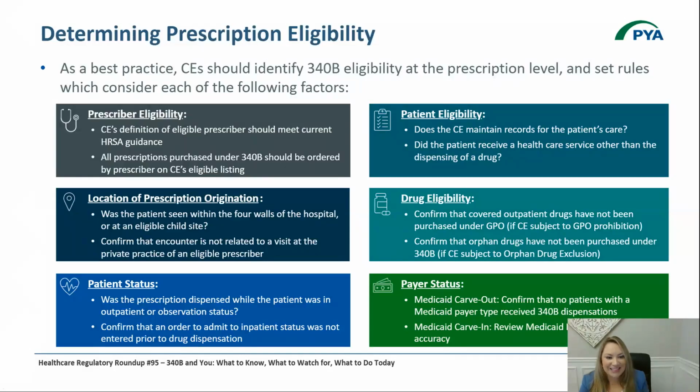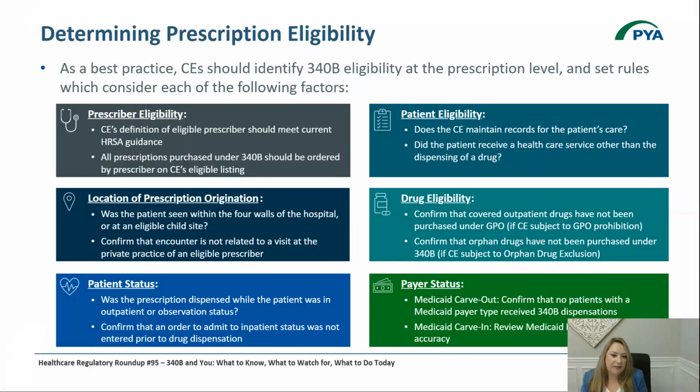Patient status. Obviously, 340B is an outpatient drug discount program. When a patient's status has become inpatient, they are no longer eligible for 340B drugs. And it can be very much in the minutia of the details. Patient presents to the ER, they're admitted for observation tomorrow.